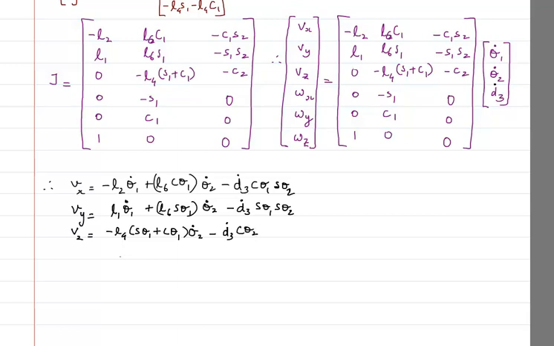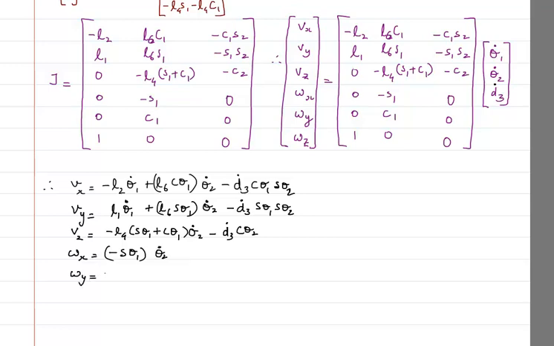What remains is omega x, which is equal to minus sin theta 1 into theta 2 dot.